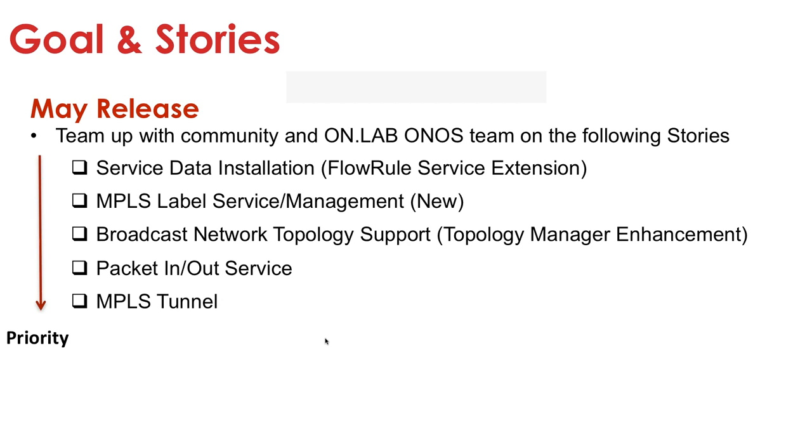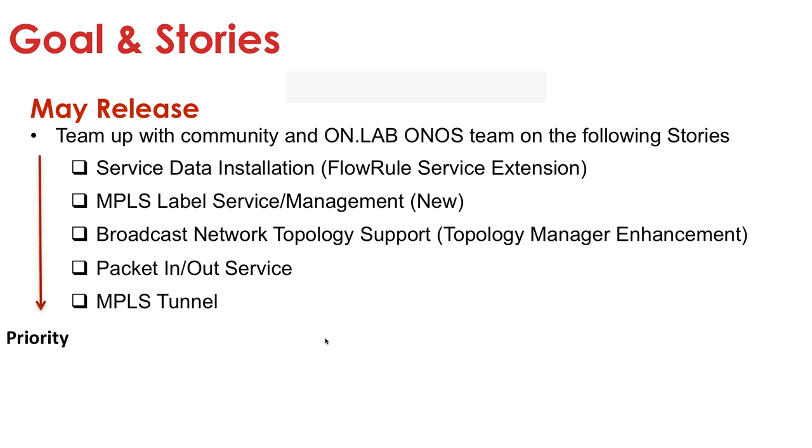For the May release, we're going to do the following things to team up with the ONOS teams and others who want to contribute. The first one is the service data installations, where we think we might need to add more extensions. Another thing is MPLS label service and management.